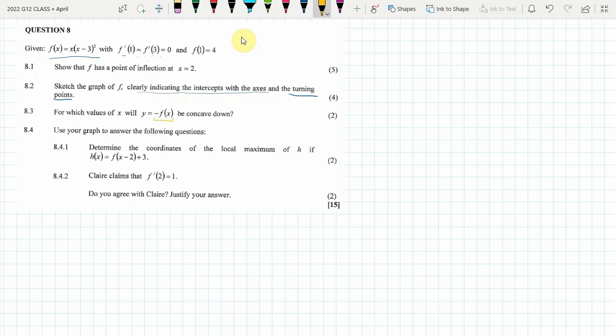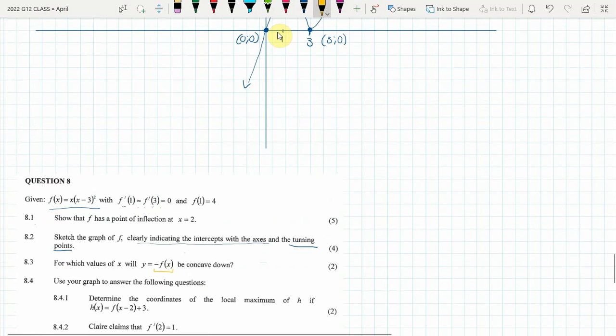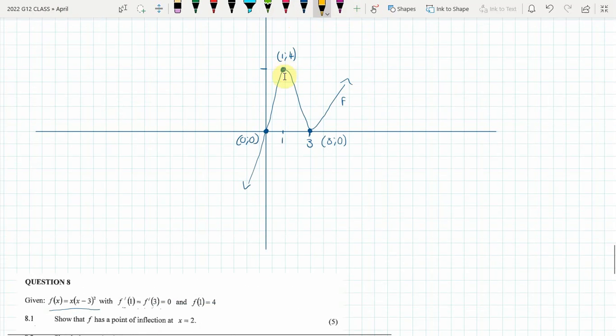That's an important point to note. Just as we can use the sketch of f to determine the values of x where f is concave down, we can also use the graph of y to determine the values of x for which y will be concave down.